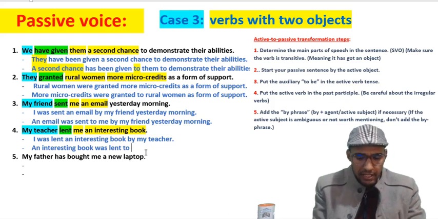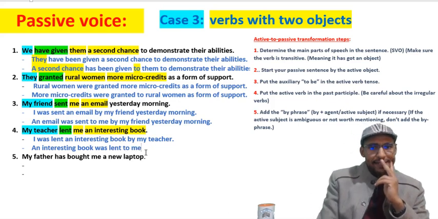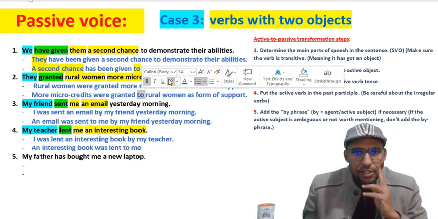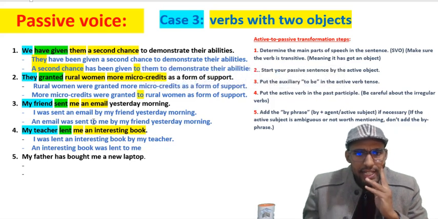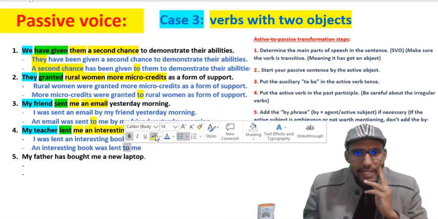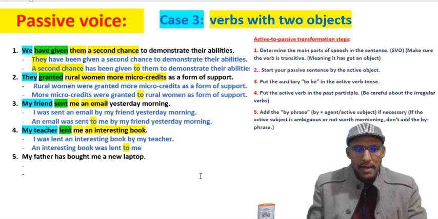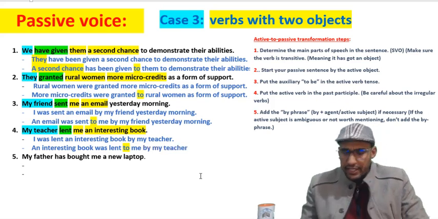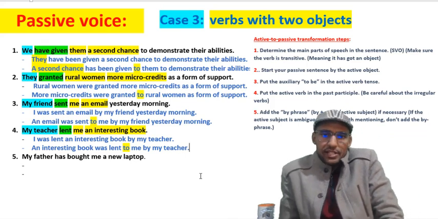We say to me. Was lent to me, right? Okay, we should highlight to in all the cases that you have here so as not to forget to add this preposition. Okay, was lent to me, right, by my teacher. So it's the same agent here, right?